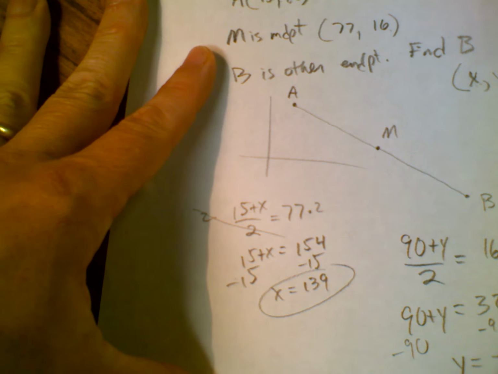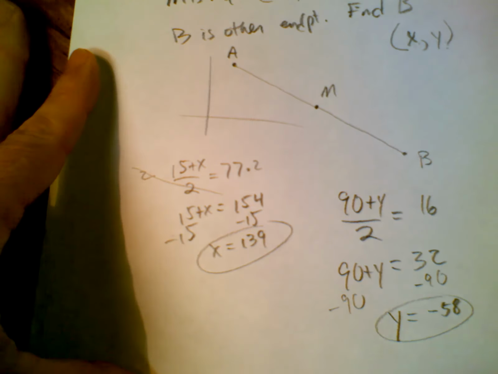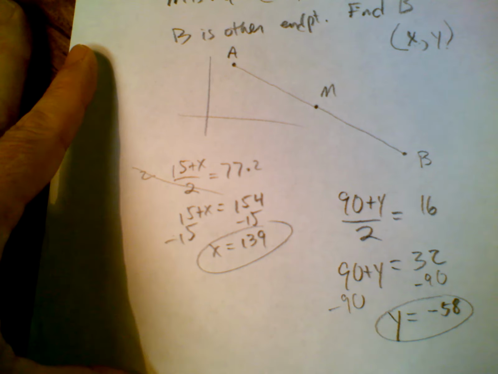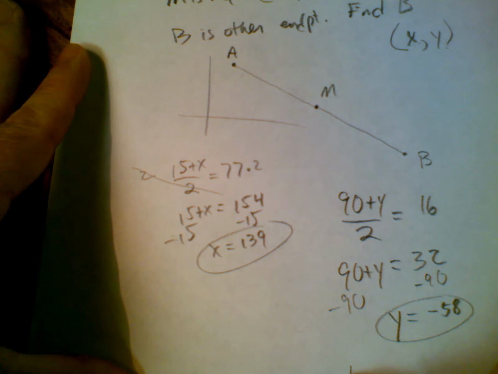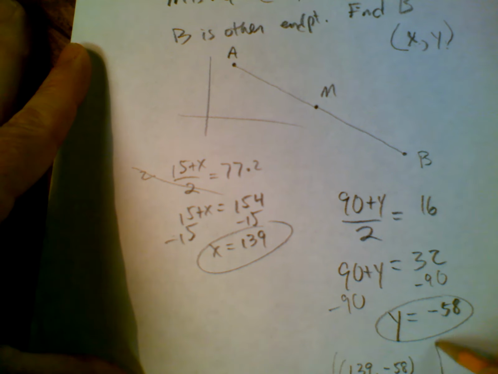Y is equal to negative 58. And that makes sense based on the picture that I drew for myself, doesn't it? Do not freak out over negative number answers, people. They are valid, sometimes. So the final answer then, 139 comma negative 58 as an ordered pair.